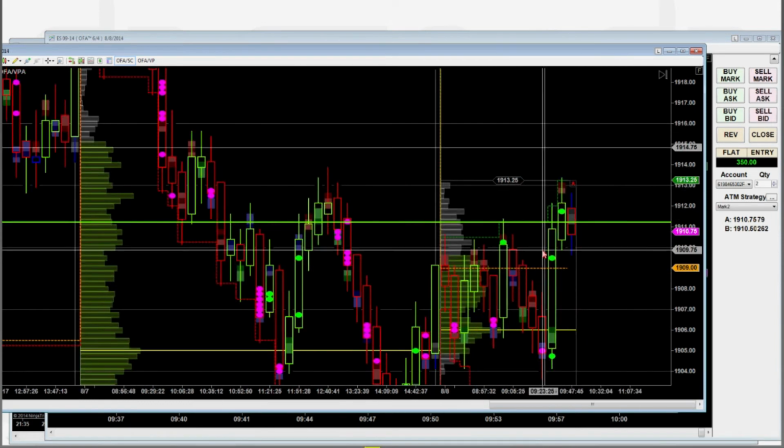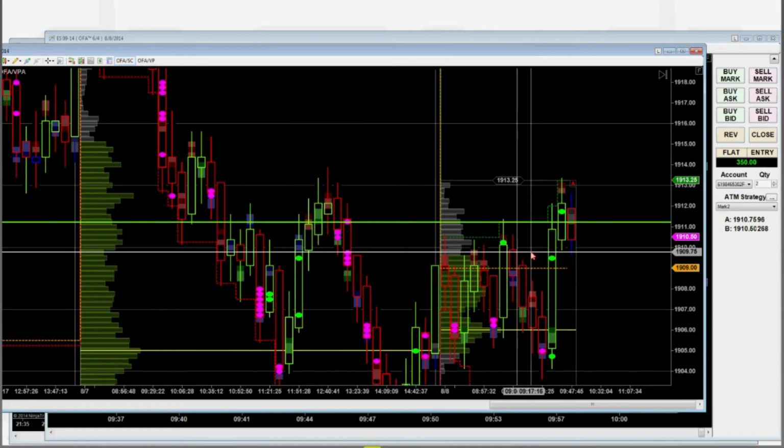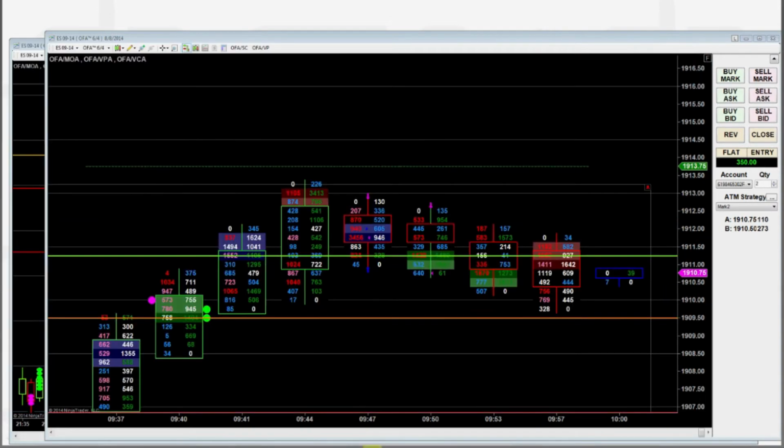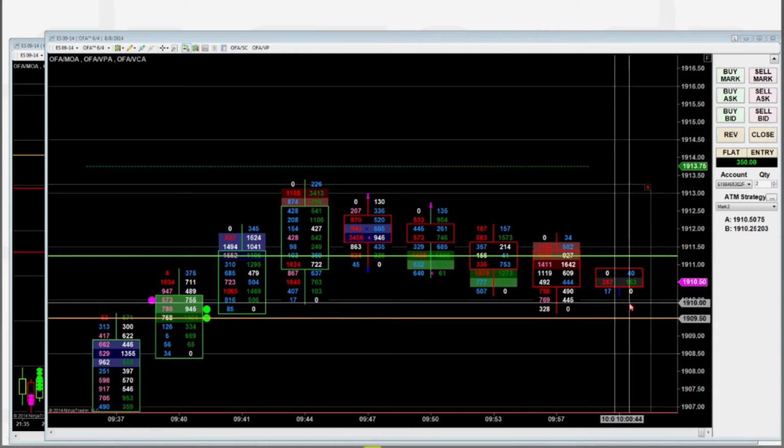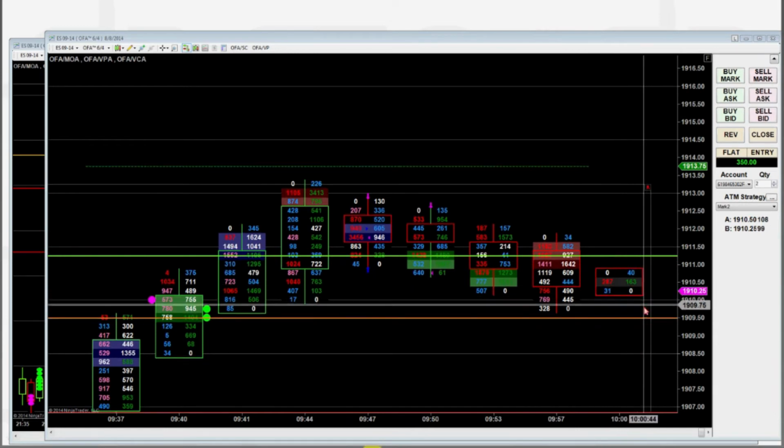And what I'm looking for, I can't find in here. There's nothing here that would suggest a potential place to go long. So now I've got to look in my day here. I've got a little bit of a low volume area right here at 909.75, and I believe we had opening swing high down here at 909.50. But I can tell you this is just a little bit of an odd auction.